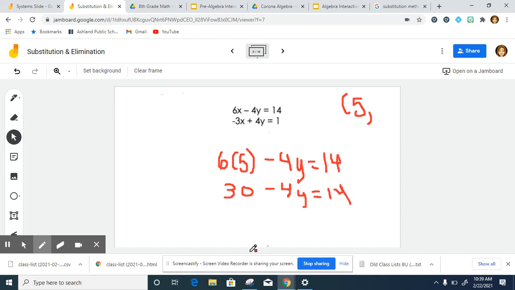So we're going to send the 30 to the other side as negative 30. So we would get negative 4y equals 14 minus 30. So we would have negative 4y equals negative 16.